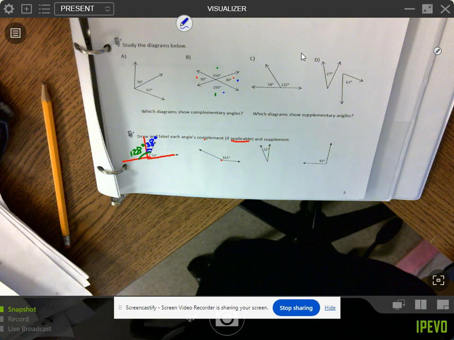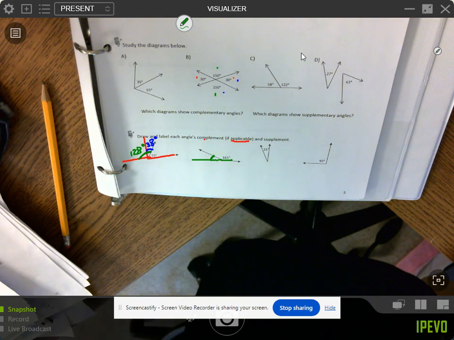I put that little arc to say this one is 38 degrees, and then I put my bigger arc going from the 52 all the way down to that straight line, and I said that one is 128 degrees. For that second one, where we said we cannot make it complementary, I am just going to put that supplementary angle in there.